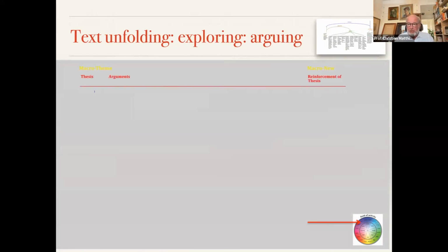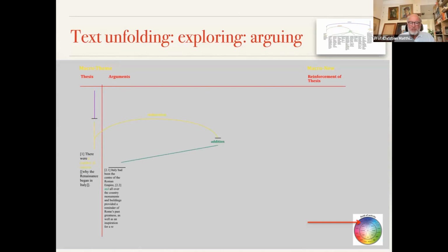So again, you can look at this, you get a sense of it by an animation of the gradual expansion of the text. It starts with the thesis, then the evidence for the thesis through an elaboration.